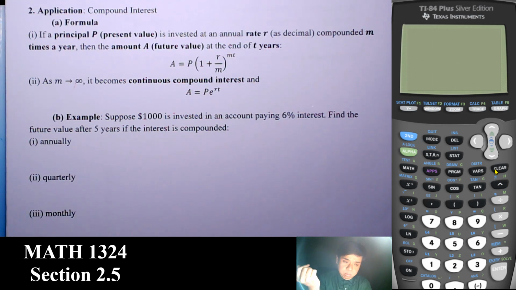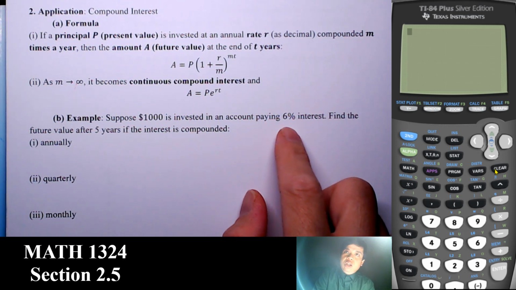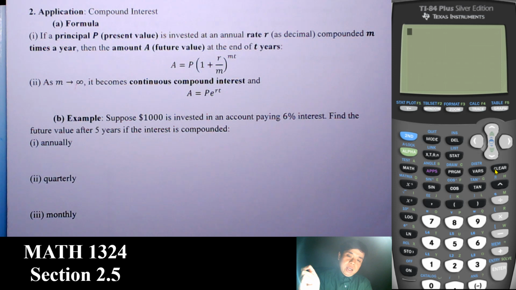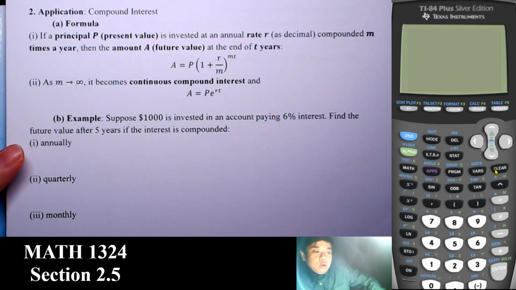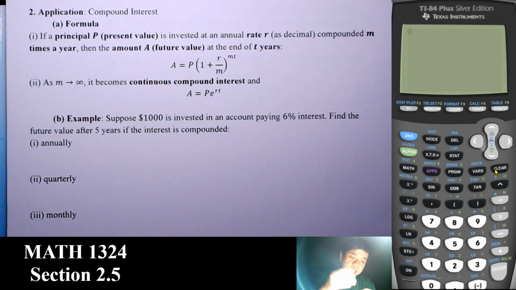So here's an example. Suppose $1,000 is invested in an account that pays 6% interest. Usually when we say interest like that, that is the interest for the whole year. And find the value after 5 years, if the interest is compounded annually, quarterly, and so on. Right.